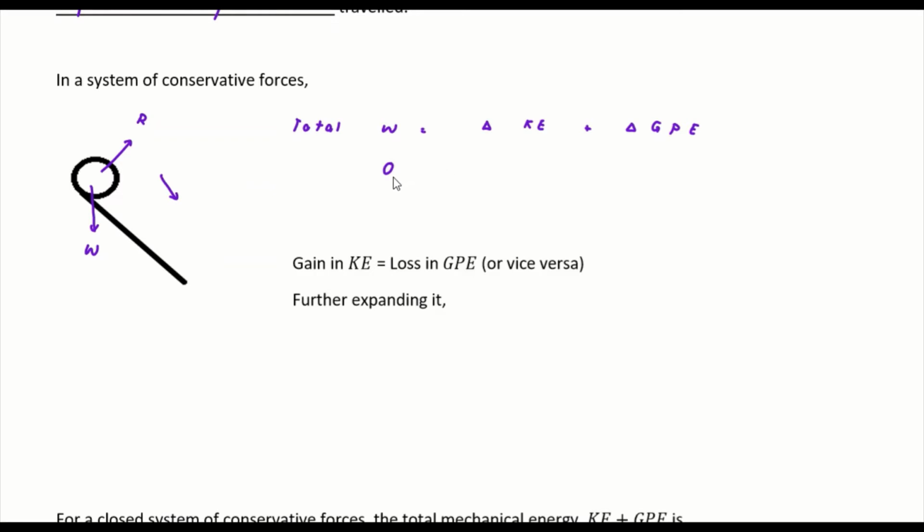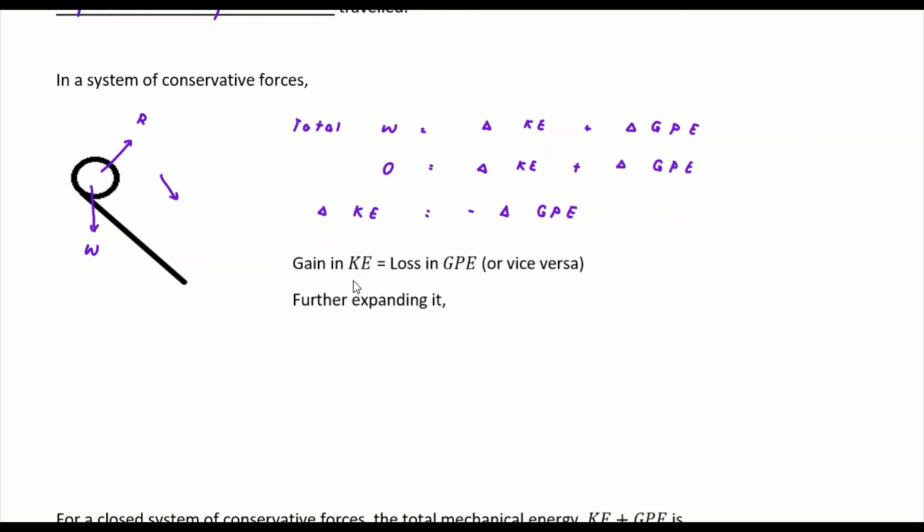So that's why the total work done here is 0 and it will be equal to the change in KE plus the change in GPE. So when we rearrange this equation, it actually gives us that the change in kinetic energy is equal to negative the change in GPE. Okay, in other words, when we take into consideration the sign here, you can see that this is a positive change.